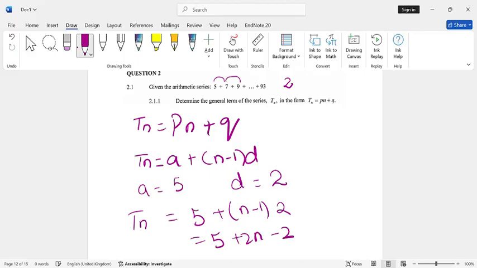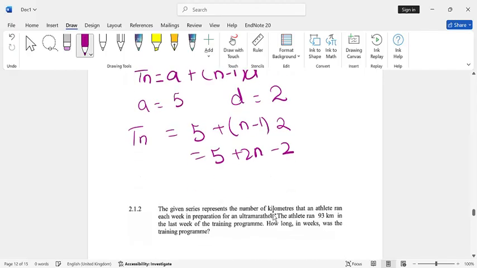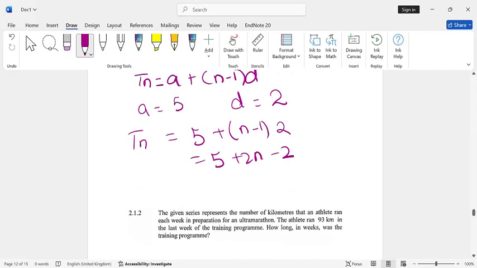So we simply write the answer of this question: the formula of Tn is 2n plus 3. This is the formula we have to find out.